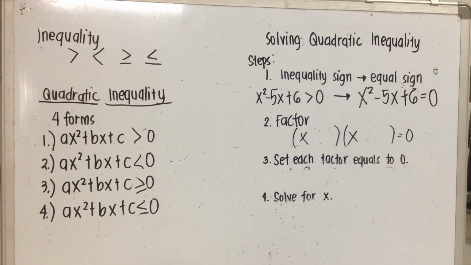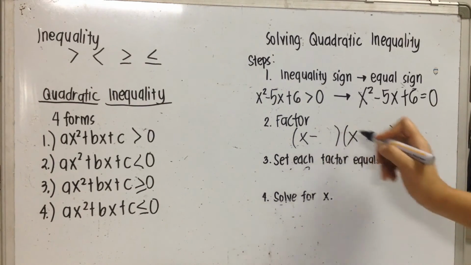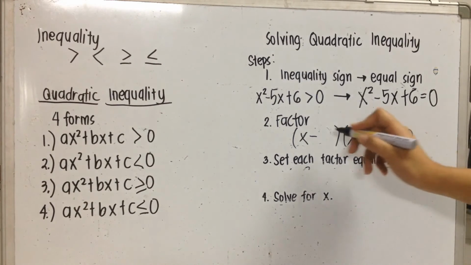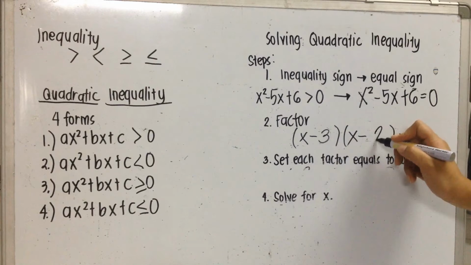So, as you can see, the second term, we have a negative symbol. And then, for the third term, we have the positive. So, we all know in integers that negative times negative, it is positive. And negative plus negative, it is negative. So, both of these are negative. So, what are the factors of 6? It is 3 and then 2.